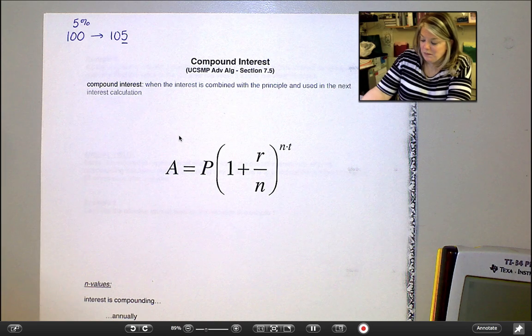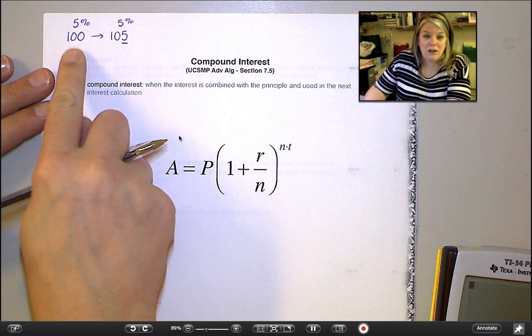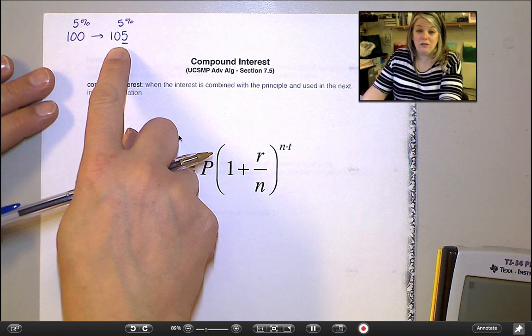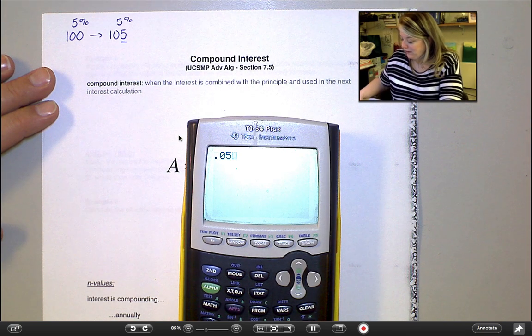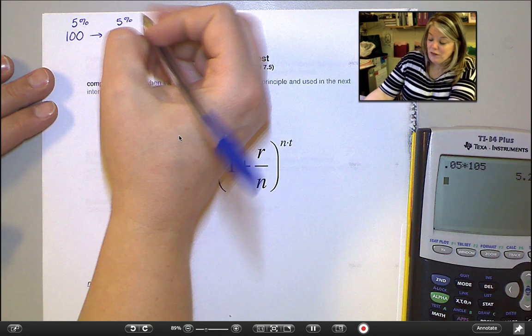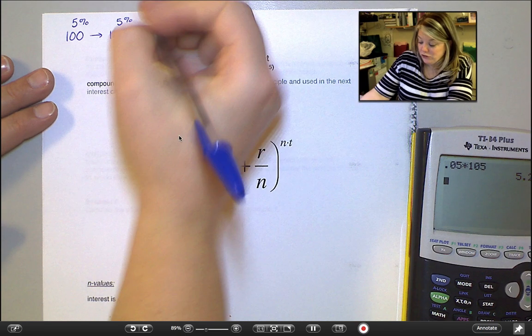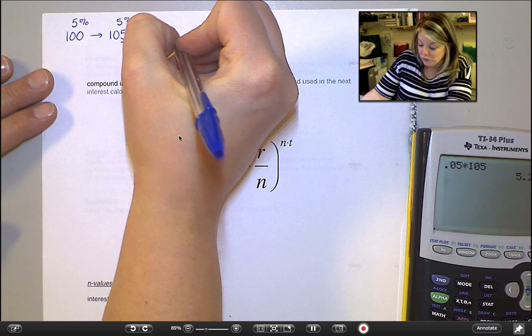However, the next time they go to add 5% on there, you no longer have $100. So you're not just adding another 5 on there. You have $105, and 5% of 105 is actually 5.25. So you're earning a little bit more in interest. You actually would end up with $110.25.